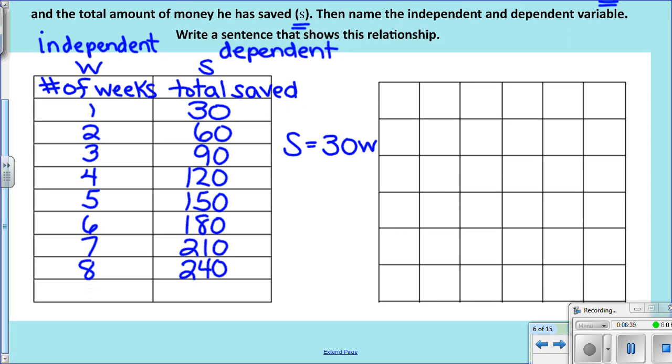Taking the table of information and creating our graph, putting labels, we have number of weeks on our x-axis. We have money saved on our y-axis. We're going to put some numbers here.